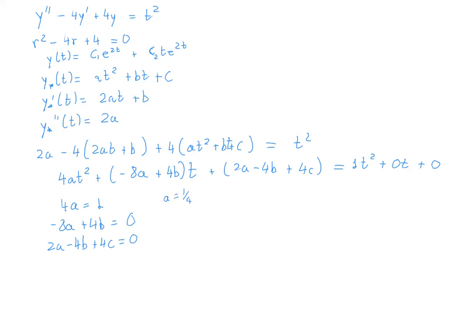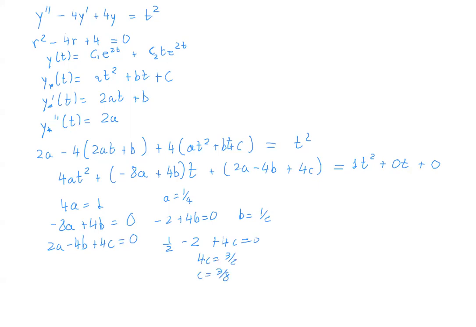If you plug it into the second one, you will get minus 2 plus 4b is equal to 0, which means that b is equal to 1/2. And if you plug them into the first one, both of them, then you will get 1/2 minus 2 plus 4c is equal to 0, which means that 4c is equal to 3/2. And this means that c is equal to 3/8.